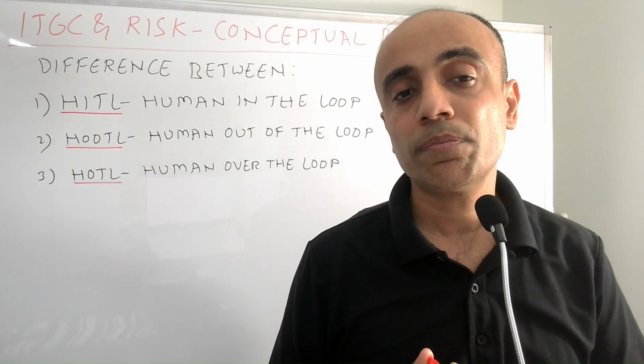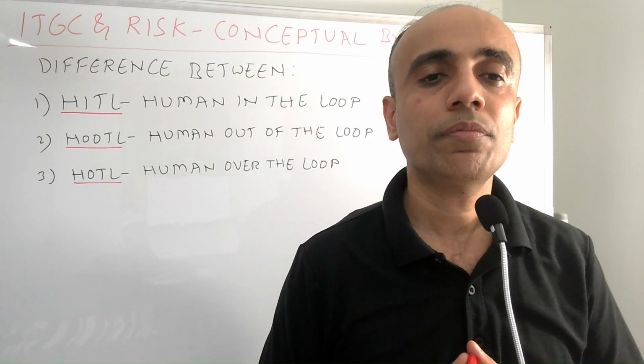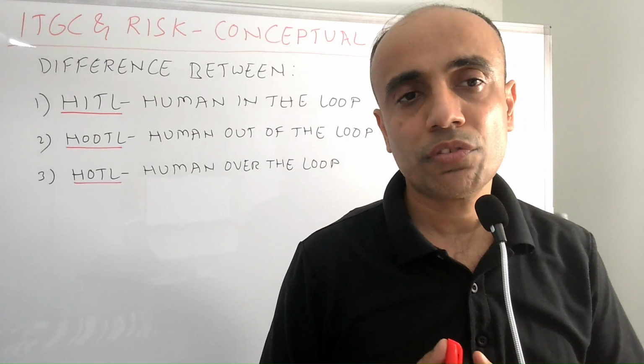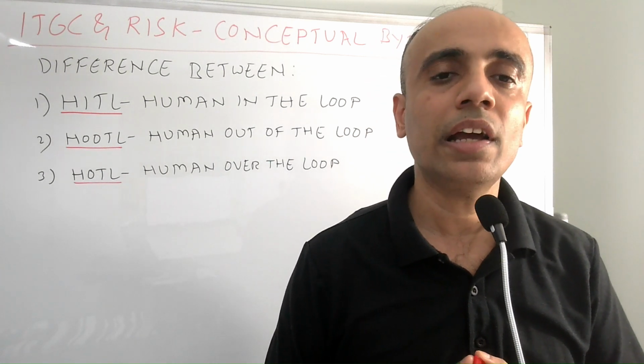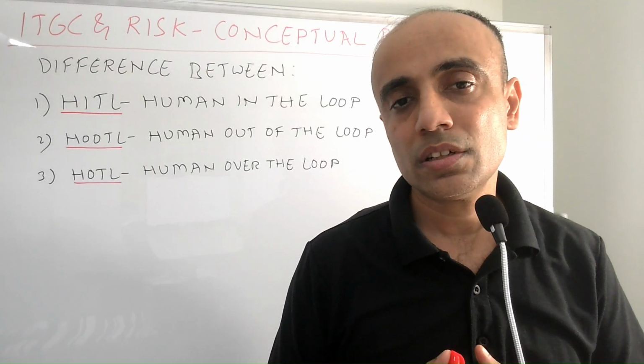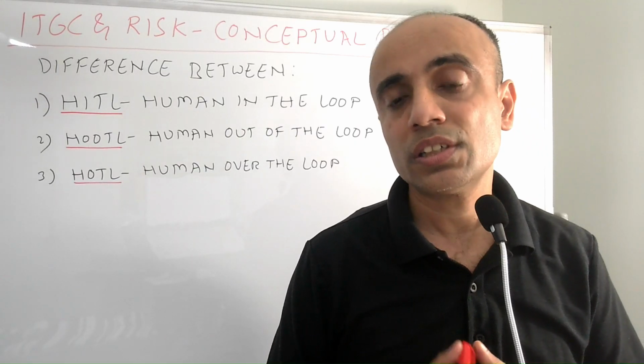That's not done by AI. So that's an example of human in the loop. The use case of human in the loop or HITL is mostly in the high risk scenarios like healthcare and defense primarily, where full automation is not considered safe.